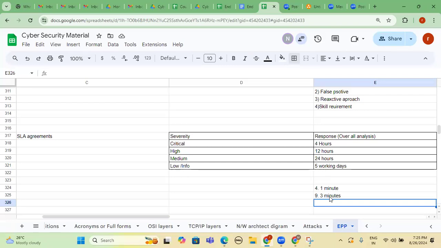Don't always give priority to how many incidents you are working on, like quantity. Don't think about quantity. Think about quality as well. Quality here means whatever incident you assign to yourself, you have to complete it within the SLA time. That is called quality. Most people will compare themselves with their team members or colleagues, thinking I have to work on more incidents, but they will miss out on quality.